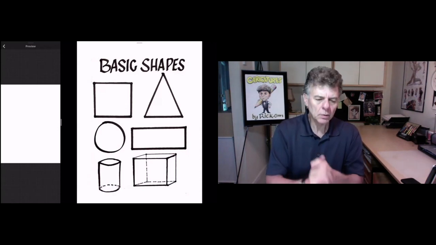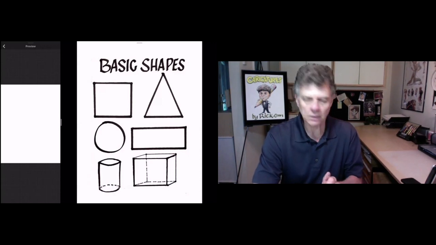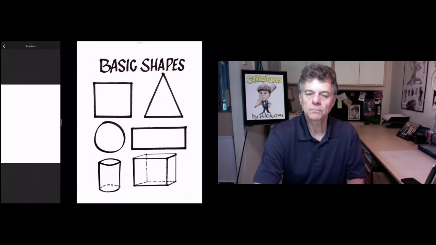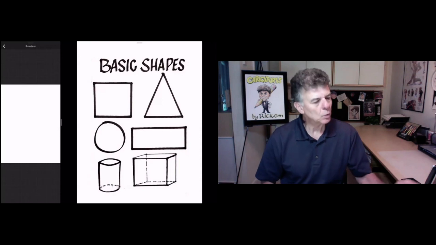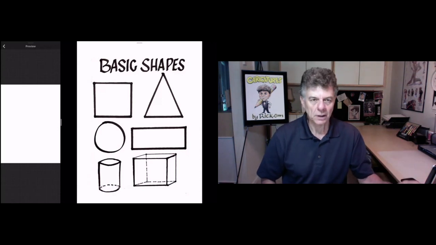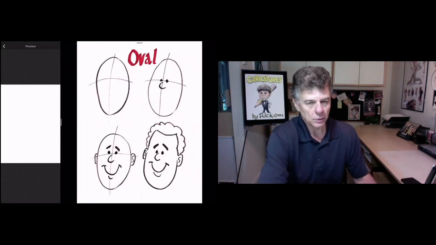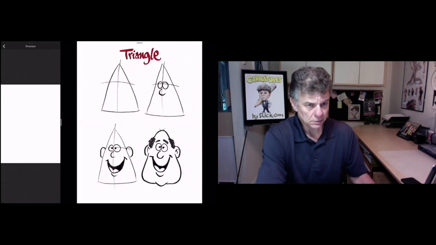I'm going to show you, again, basic cartooning. We're going to go into a little bit of caricaturing, and we'll go from there. Okay. Like last time, we drew a couple cartoons with your basic faces, different shapes.